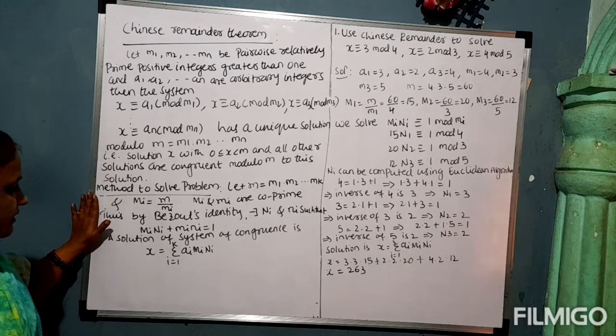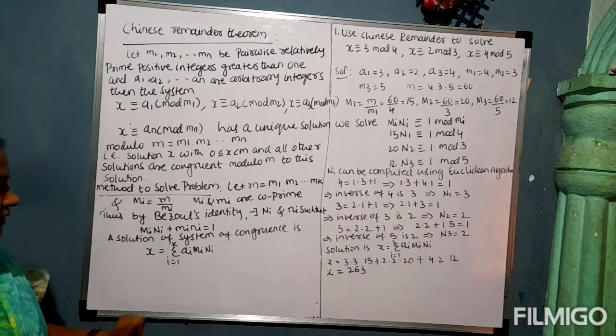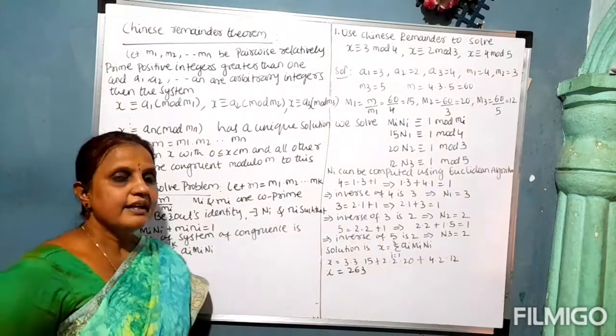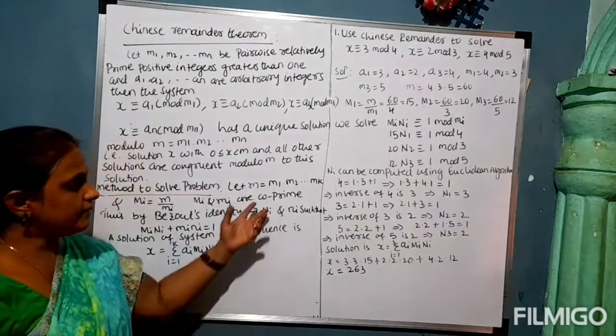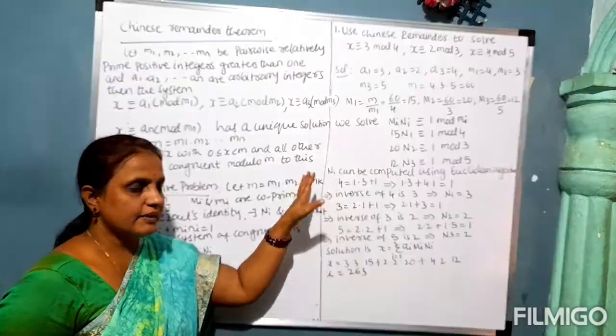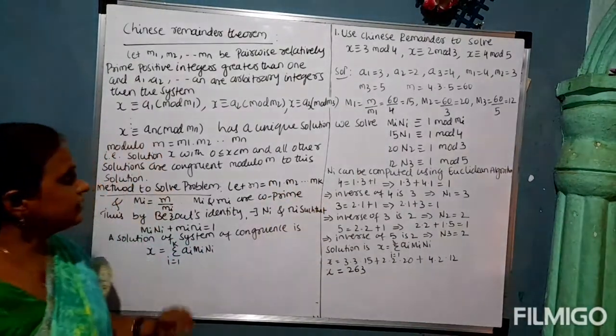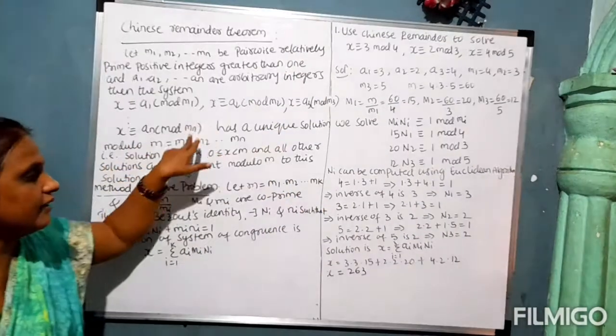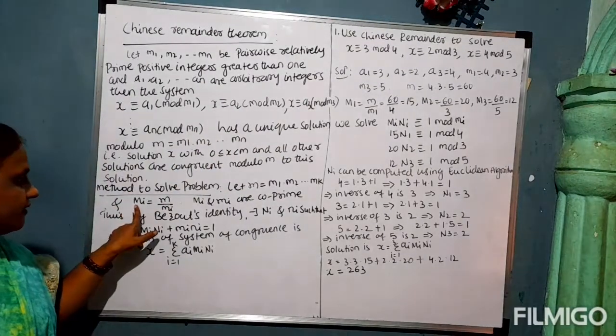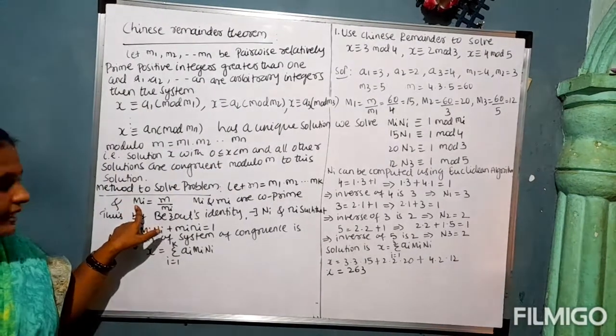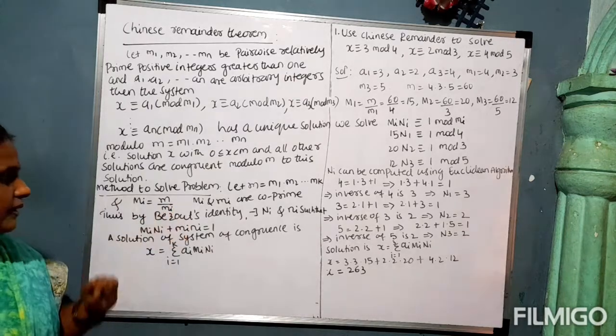To solve the problem, first we find m. M is the product of the k modular values. If we have k congruences, then we define capital Mi as m divided by small mi.